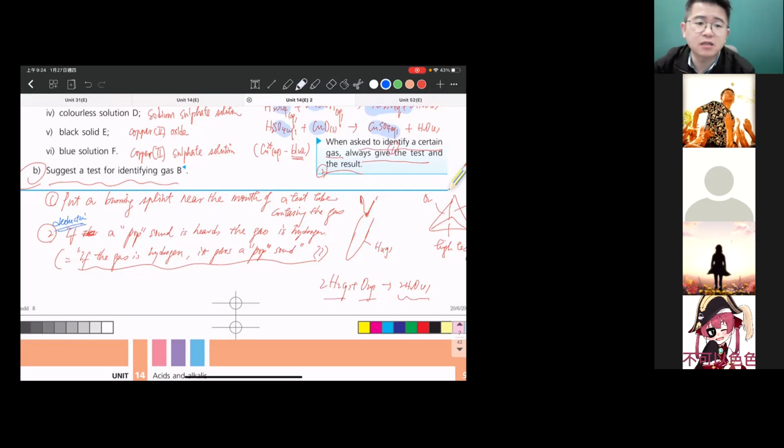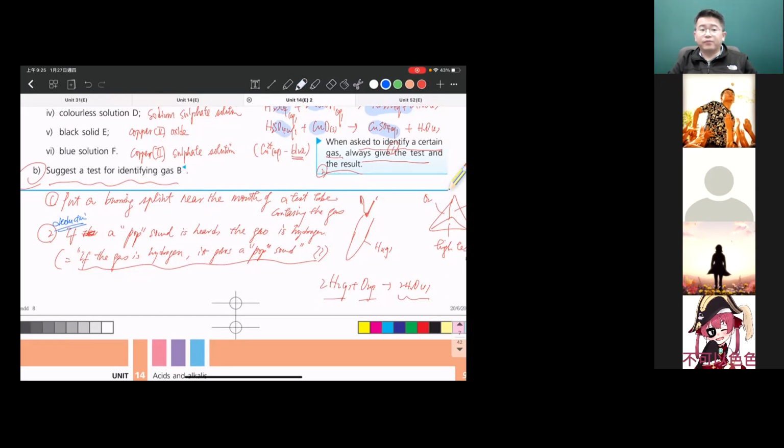Yes, the first sentence is right. The first sentence is deduction. But that deduction is based on a fact. Of course, the second statement is a situational statement: if the gas is hydrogen, it gives a pop sound. So what is the reason for you to deduce that whenever a pop sound is heard, the gas is hydrogen?